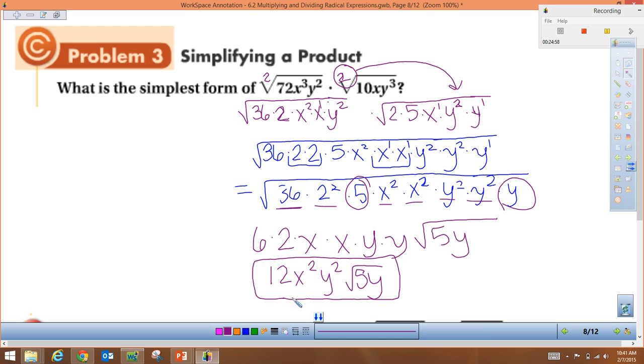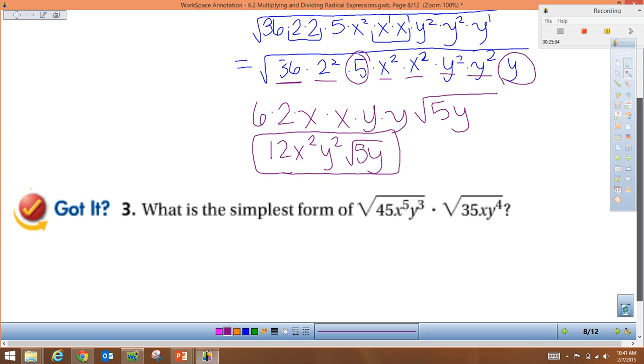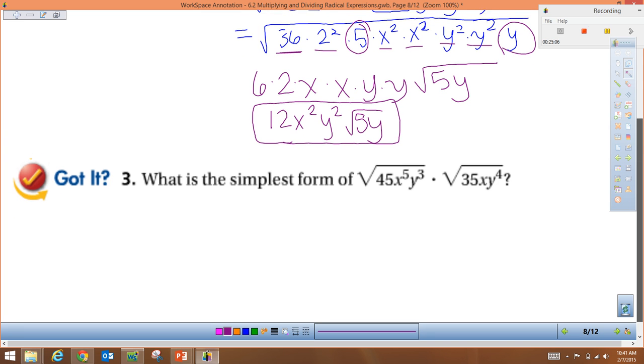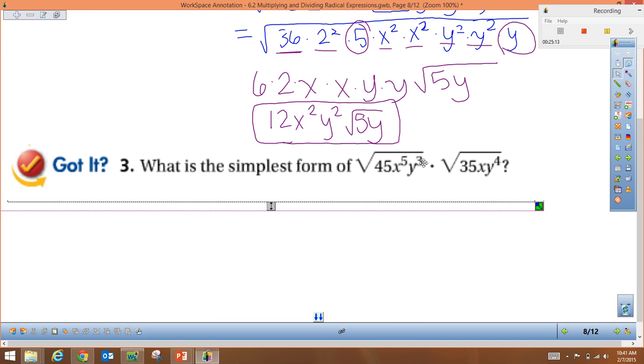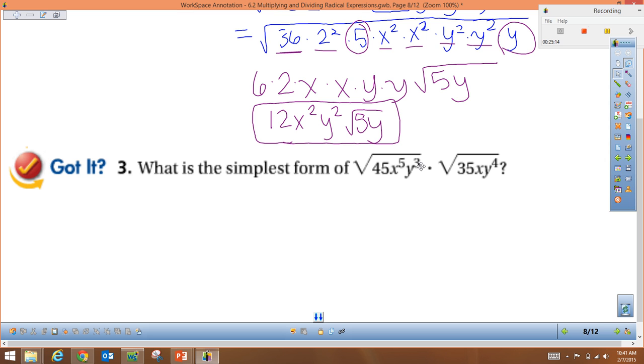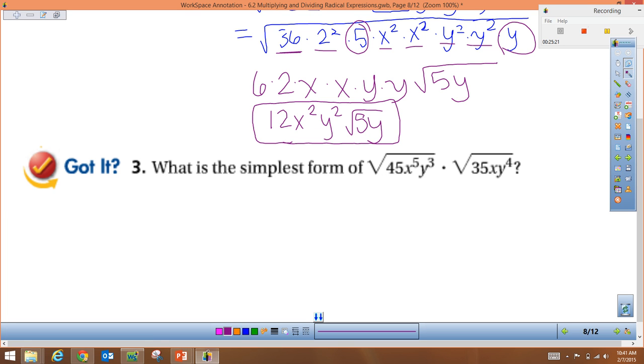Now this is kind of a lot of work, but the process will go faster once you get the hang of it. Let me show you on this next problem a little faster way to do this. What do we know we can take out of both 45 and 35? How about a 5?